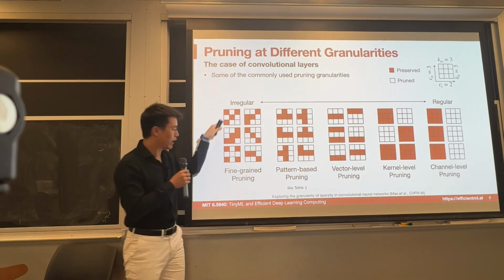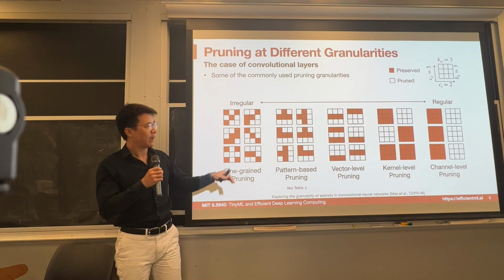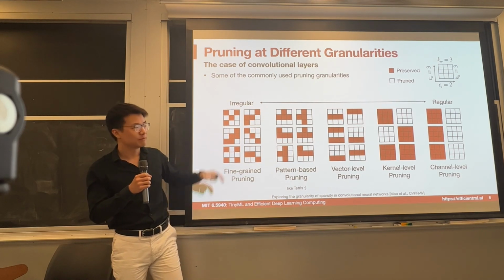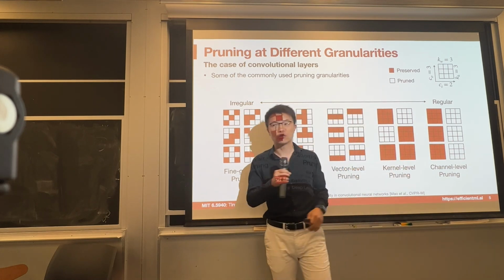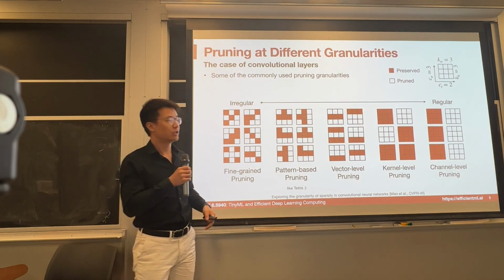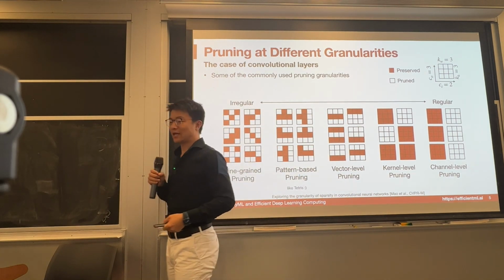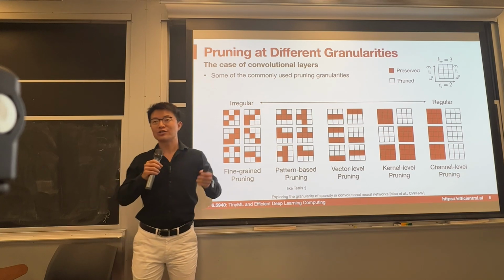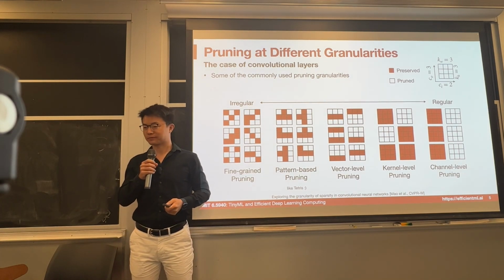We can have fine-grained pruning, which gives you the maximum flexibility, but is hard to accelerate. And we can also do coarse-grained channel pruning or kernel pruning, which gives you certain structure, but you can prune less. But it's easy to directly accelerate it to get the measured speedup even without using specialized hardware.